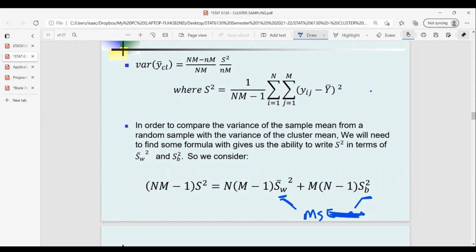You have clusters, you have groups. So you have sums of squares between, but then you have sums of squares within, right? And then when you divide by the appropriate degrees of freedom, you get estimates of the within mean squares and the between mean squares.